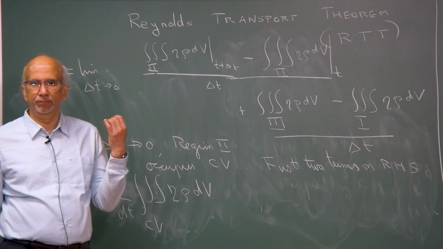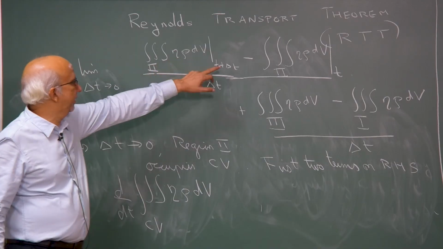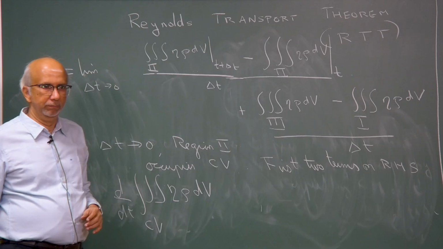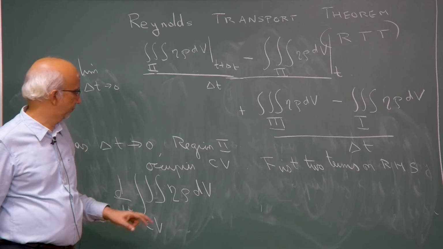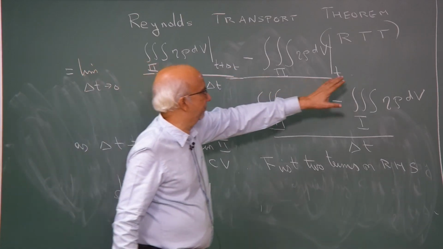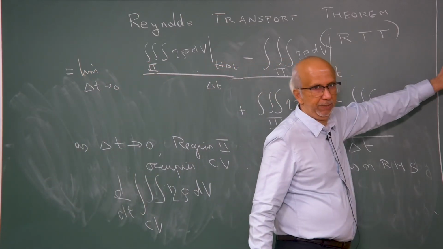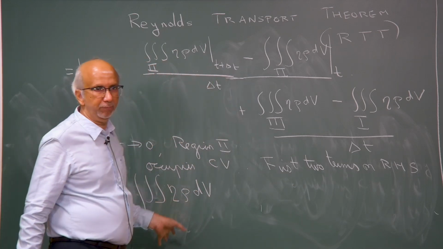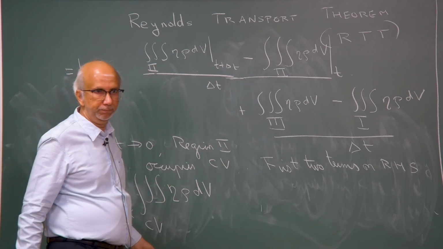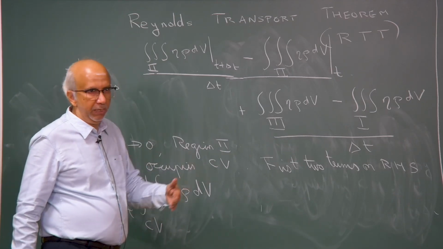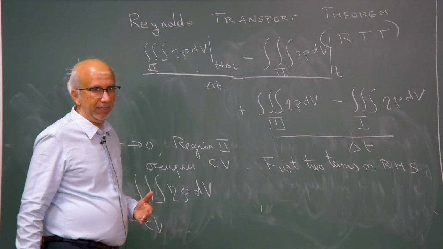So, I am identifying these two terms as the rate of change of the property in the control volume. This is the right hand side; the left hand side is d by dt of NCM, I keep it as it is. I am only talking about the right hand side now. This is the rate of change of property in the control volume, because as delta t tends to 0, region 2 is going to be the same as my control volume.